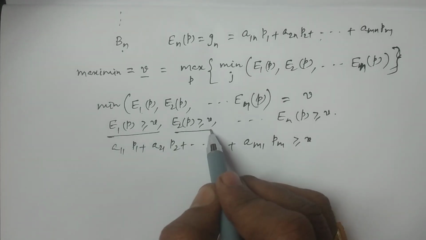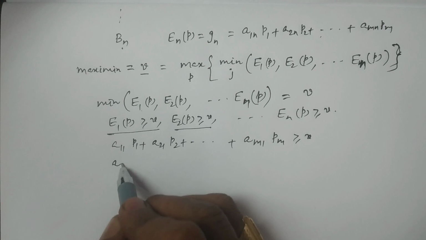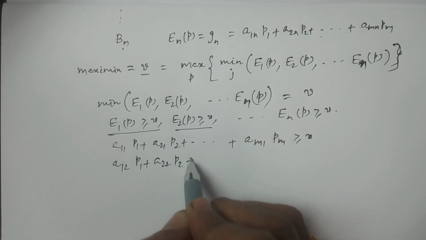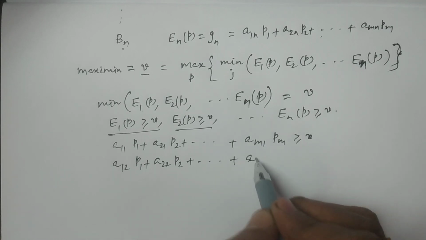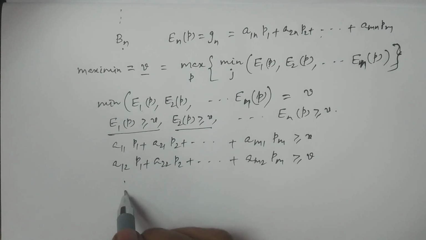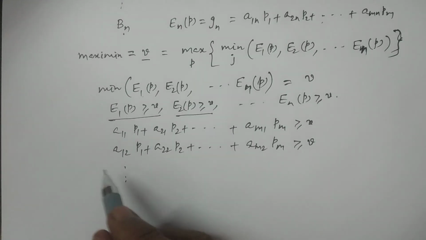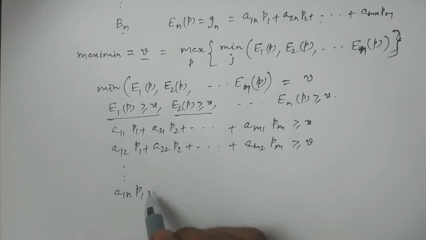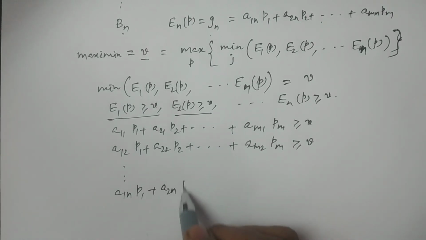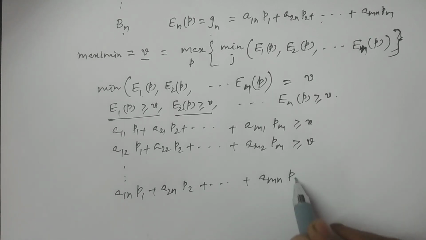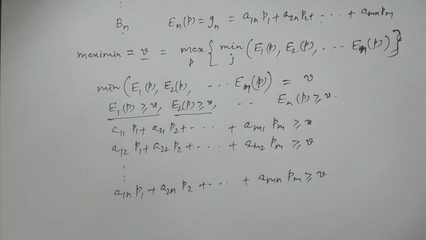Next E2P is greater than or equal to mu, which means A12 P1 plus A22 P2 plus and so on plus AM2 PM, which is greater than or equal to mu, and so on. I am writing the last one, that is ENP: A1N P1 plus A2N P2 plus and so on plus AMN PM, which is greater than or equal to mu, right?